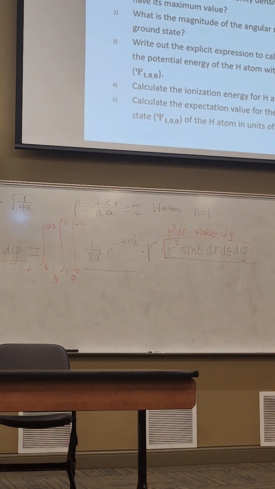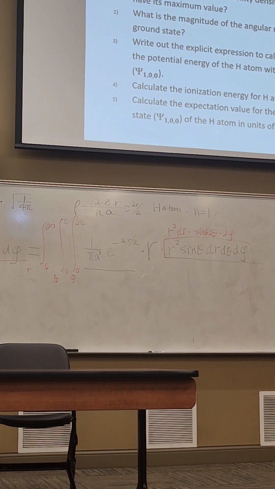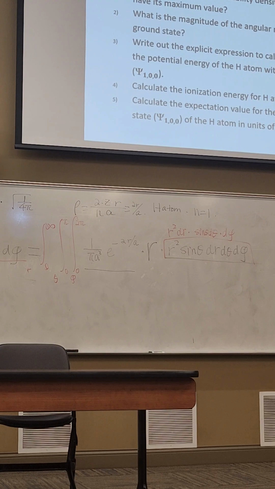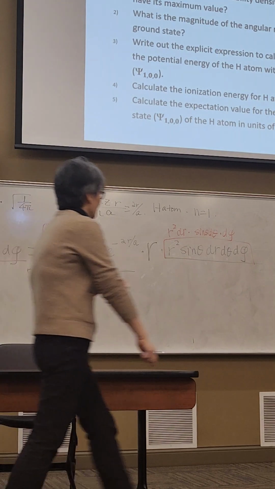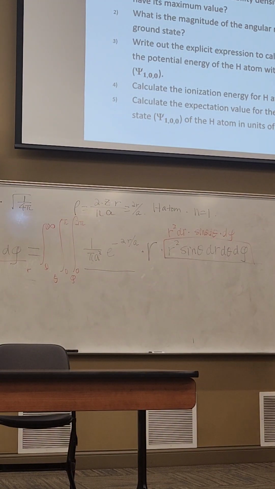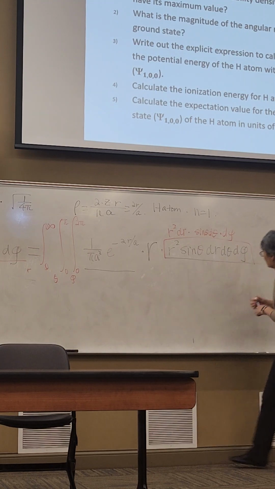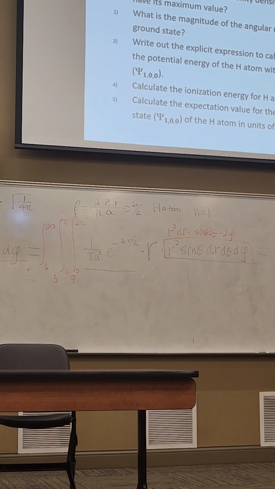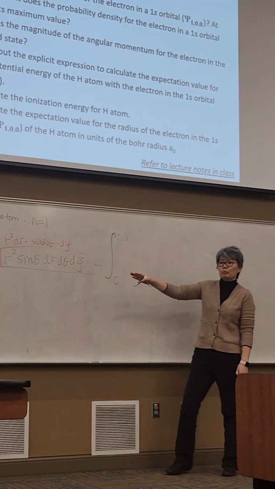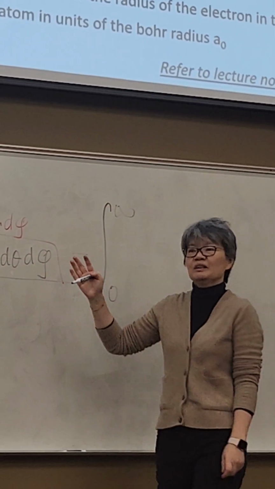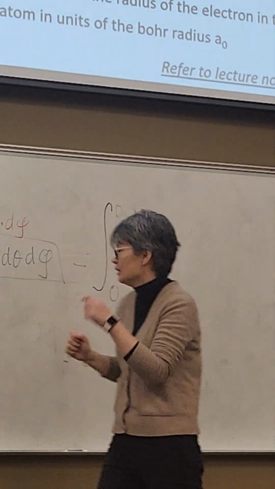Remember we also used the trick of separation of variables to solve the Schrodinger equation for the hydrogen electron. So let's separate it into the integration with regard to the radius. Guys, how should I do it? You have an integral for r from 0 to infinity, and I'm going to group all the terms related to the radius together.